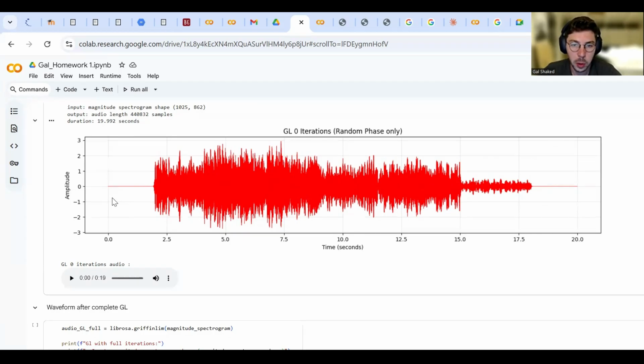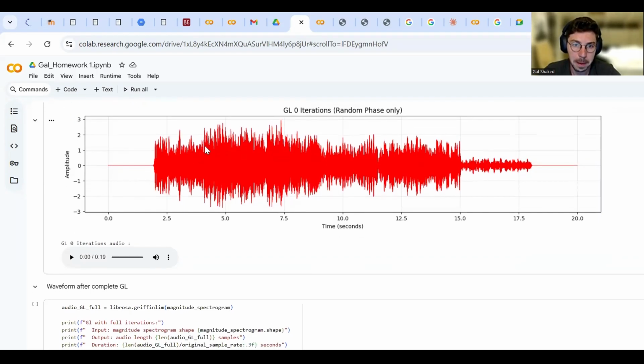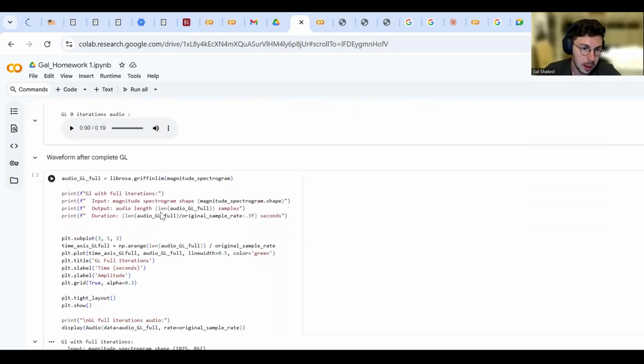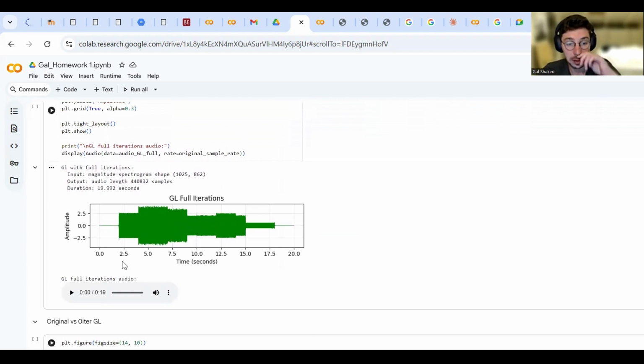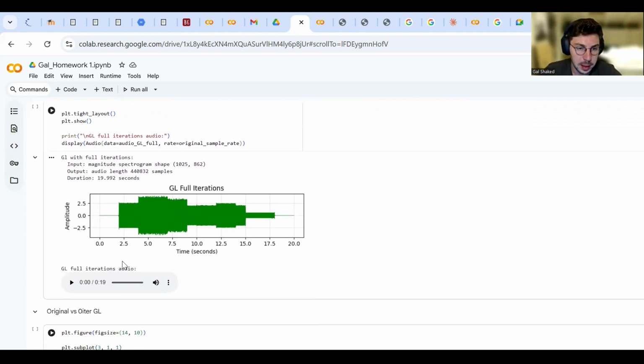And we can see that not knowing the phases can heavily affect the reconstructed waveform. And indeed, doing the full amount of iterations of Griffin-Lim provides a much better reconstructed waveform. It sounds very similar to the original one.